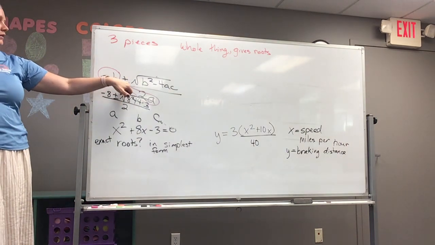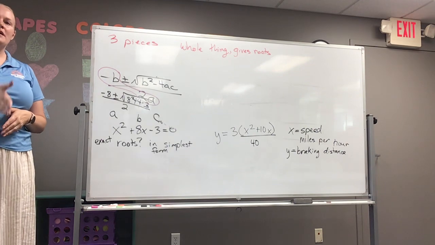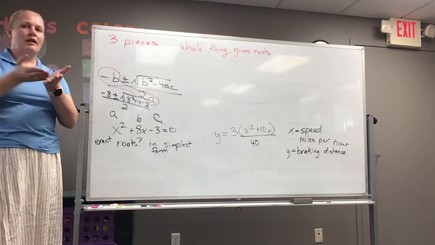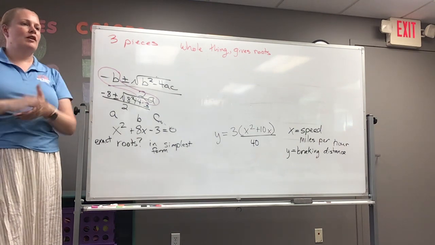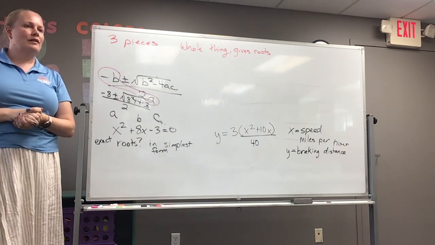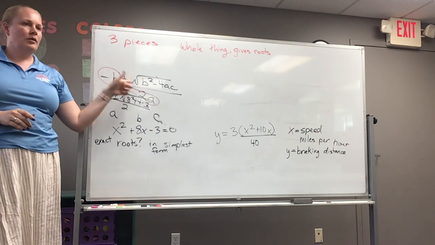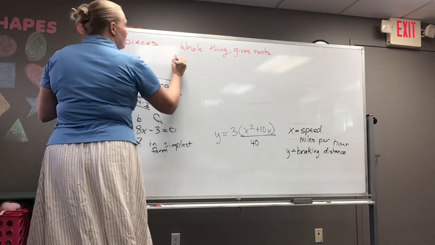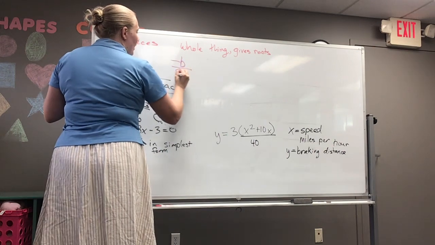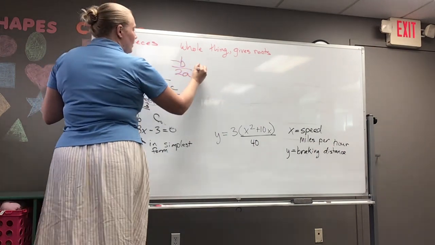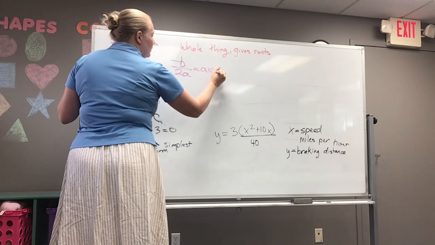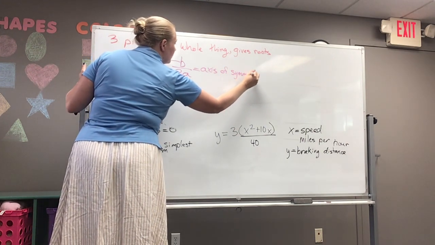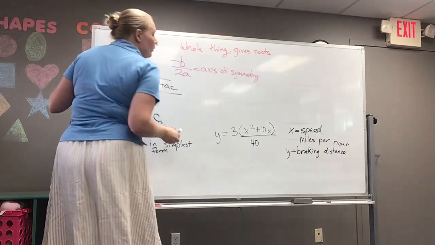This plus or minus is the key. Negative b over 2a is that axis of symmetry. Everything is going to be mirror image on both sides of this piece. And so negative b over 2a is the axis of symmetry, or the middle.